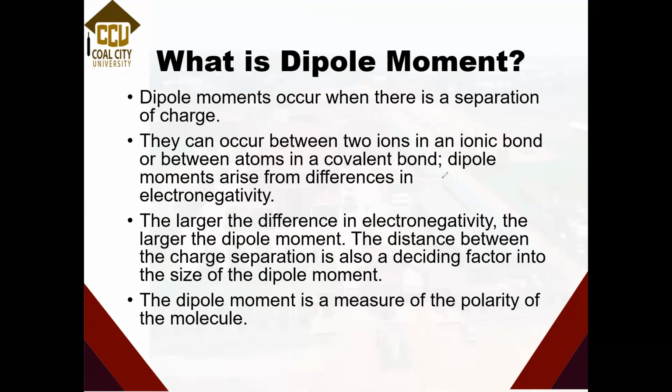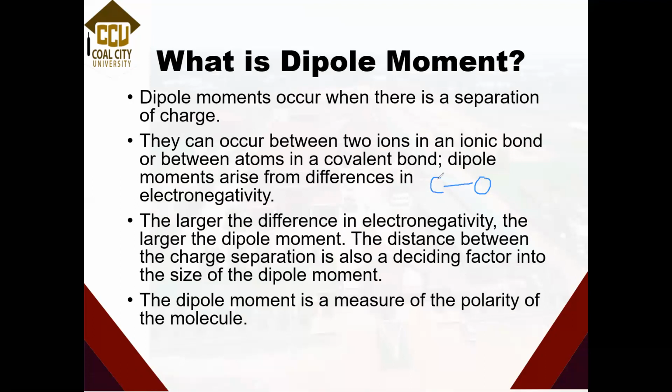What do I mean by this? If I have a bond between carbon and oxygen, which is carbon monoxide, this bond will have an electronegativity difference greater than 0. The reason being that the electronegativity of carbon and oxygen cannot be the same because they are two different atoms. According to the general trend, electronegativity usually increases across the period and decreases down the group of the periodic table.